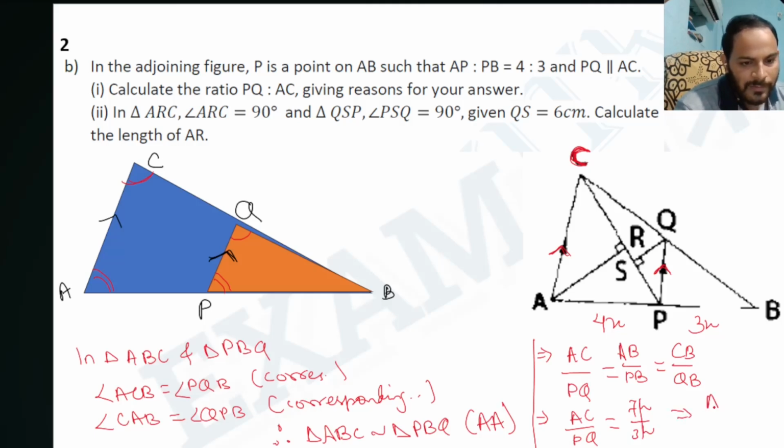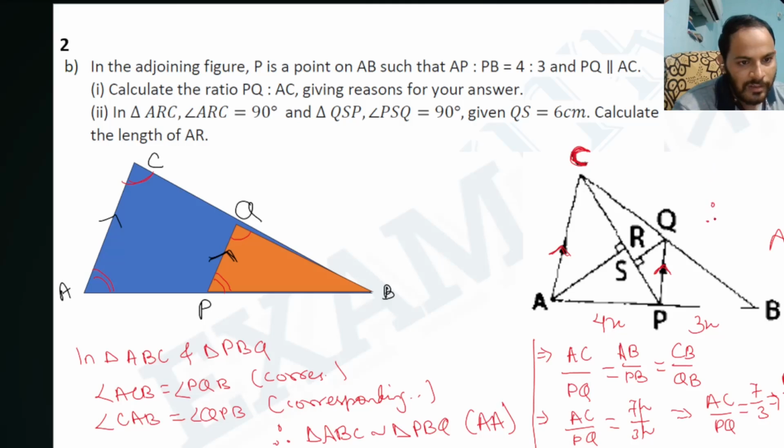and that means AC upon PQ is 7 upon 3. The question is PQ is to AC, so we will just use invertendo. That means PQ upon AC will become 3 upon 7. Now see, the question is the ratio of PQ is to AC, not the fractional value, so we will provide the answer in the form of ratio as well.